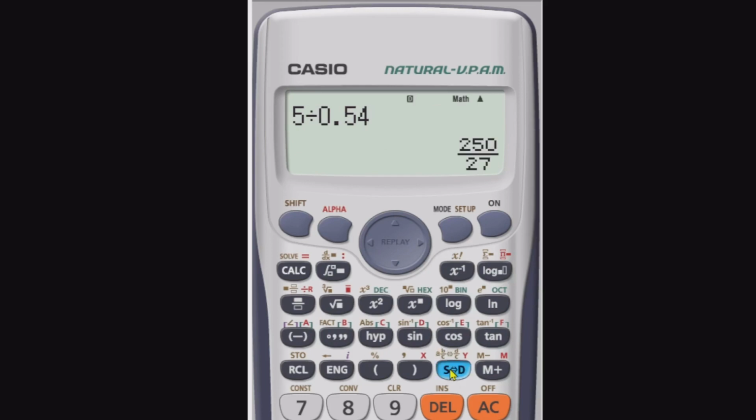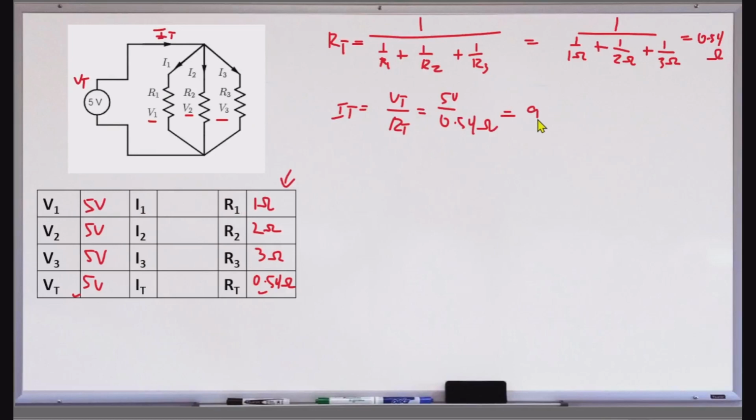Press equal. That is 9.26, I just rounded off, 9.26 amps. Now let me write it down.